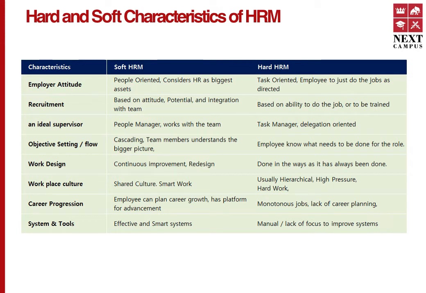As you can see, soft and hard HR approaches are two sides of a coin. They are different in approach, but in no way is one superior to the other. It all depends on what the organization decides and what works best for an organization. For example, when it comes to employee attitude, soft HRM is more people oriented and considers employees as the biggest asset. On the other hand, hard HRM is more task oriented and employees are hired to do just the job as directed.